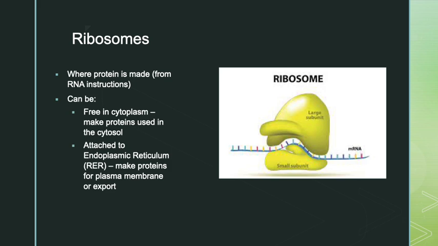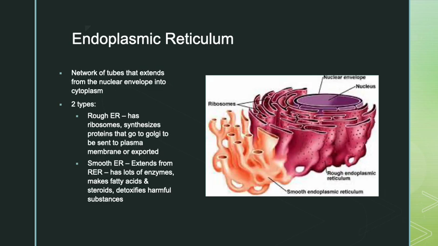They can also be attached to our rough endoplasmic reticulum, our RER, and those are going to make proteins that that cell is going to export or send out of that cell for other cells in the body. Our ribosomes are composed of ribosomal RNA, and that is produced by our nucleolus, which we'll talk about in a minute inside of our nucleus.